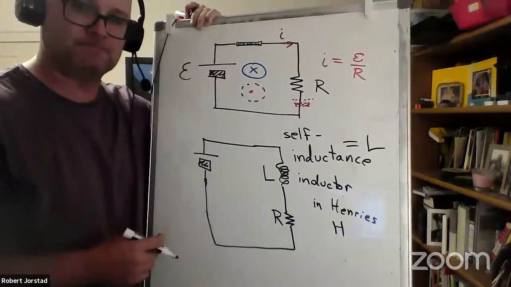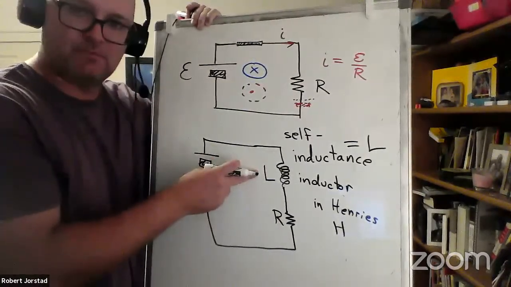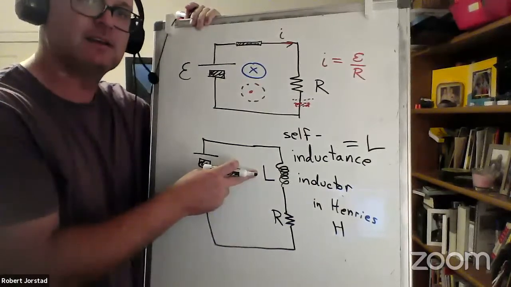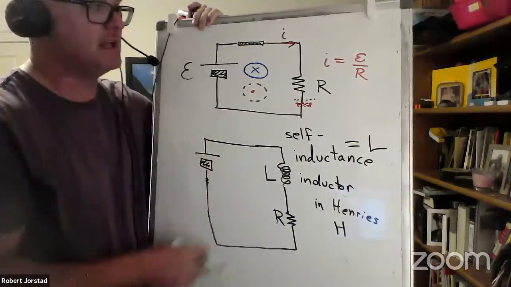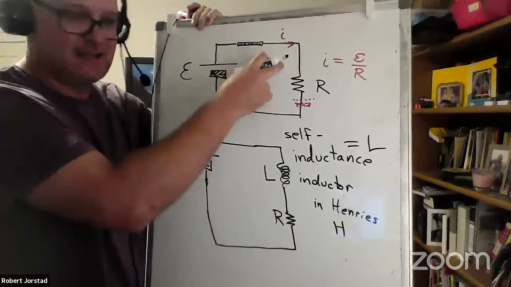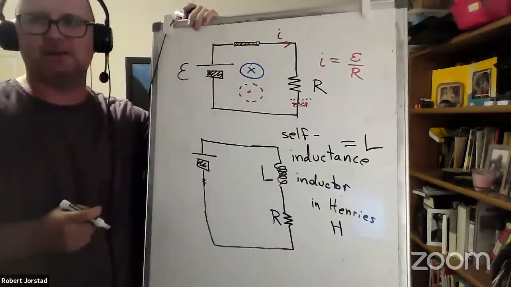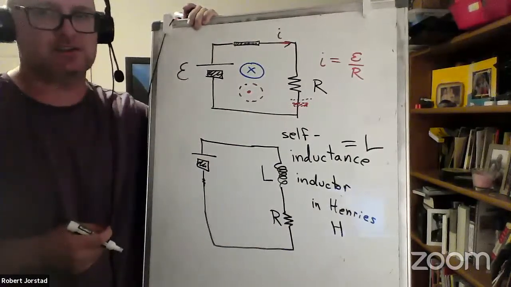A measure of ability to resist what? Oh, okay. I'll do it again. Inductors are a measure of something's ability to resist changes in current. If you try to change the current, inductors oppose that. That sounds vaguely familiar. What did capacitors oppose?